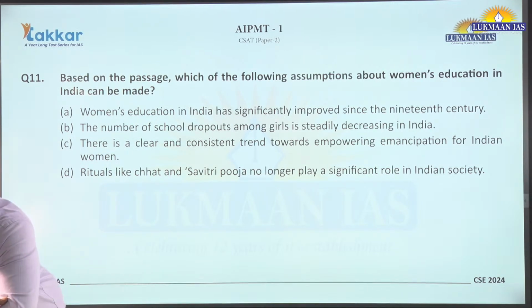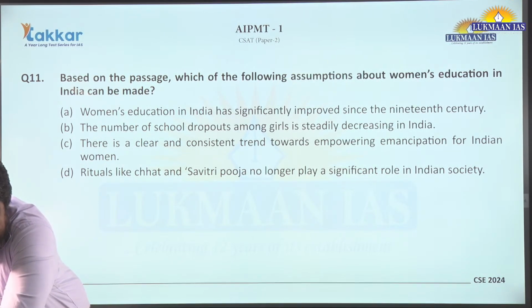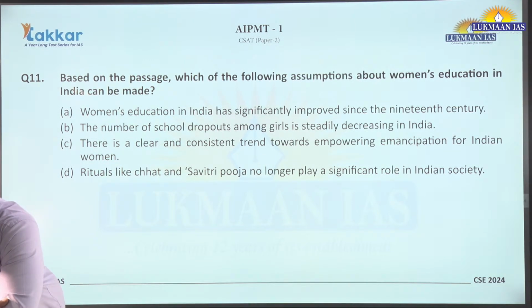See, if we read the passage, we will read it again to understand. The struggle for women's rights in India, beginning with Savitri Phule in the 19th century, has been one of the most glorious pages of history. Women in India have come a long way from what they experienced under the oppressive patriarchy of ancient India. Means the condition was bad, but now it is improving, isn't it? Yet the number of school dropouts among girls has remained unflinching.